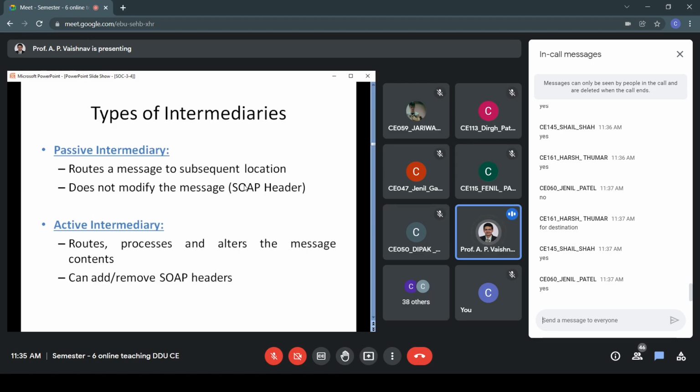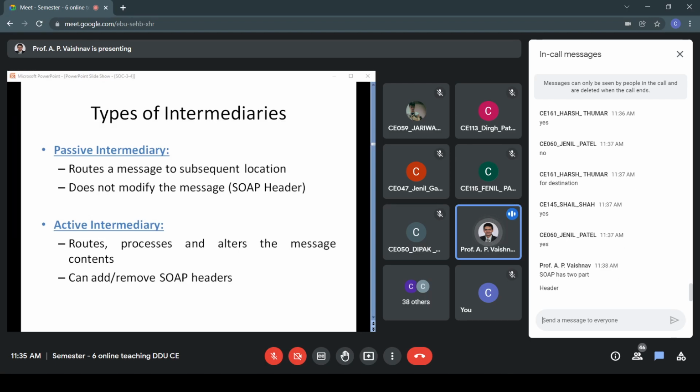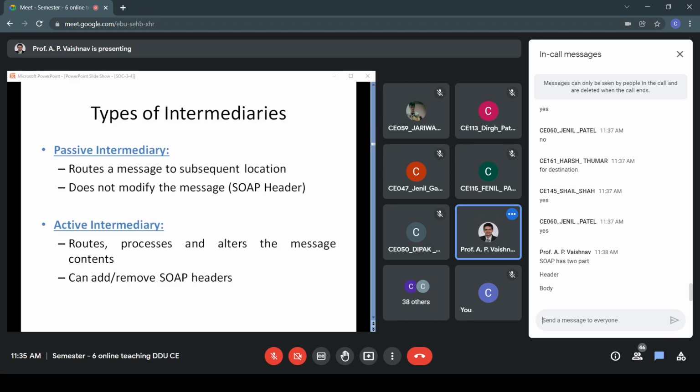Before we go into the details, I'll give you a basic idea regarding SOAP, although we'll be covering that later. A SOAP message has two parts: the first part is known as the SOAP header, and the second part is known as the SOAP body. Whenever you are generating an XML based message, where will you be writing your data, in the header part or in the body part?